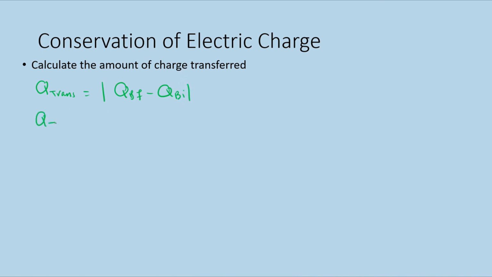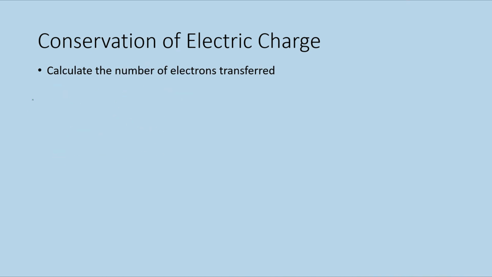So Q transferred is equal to absolute value of 8 over 3 minus 7. It results in 4.33 millicoulombs. This is the amount of charge that is transferred.